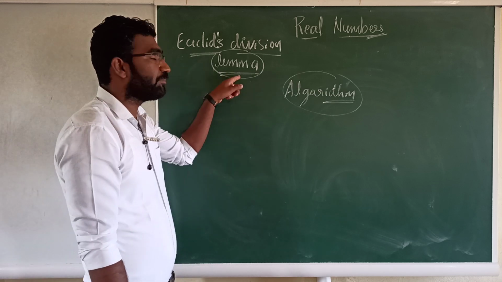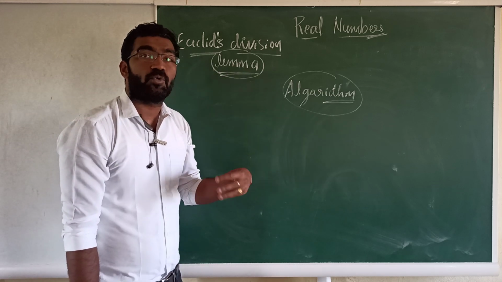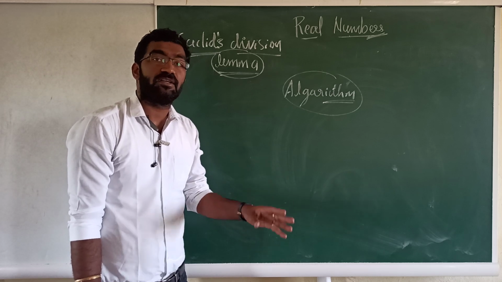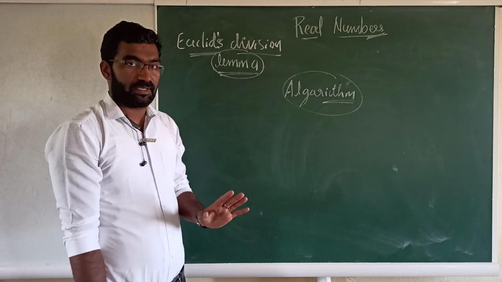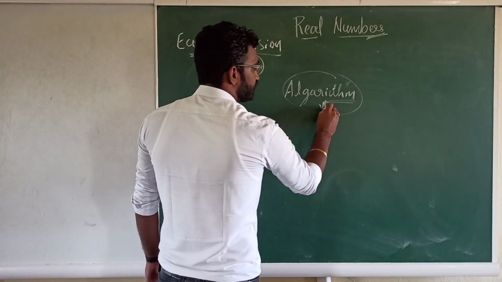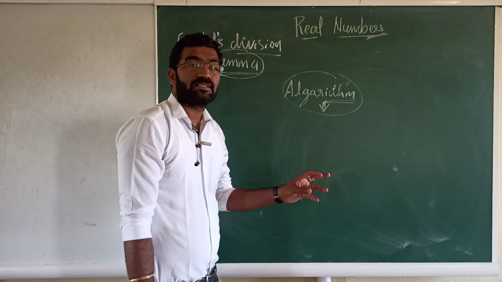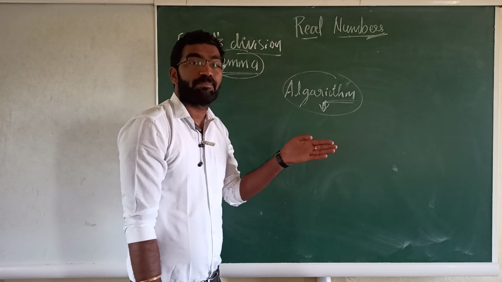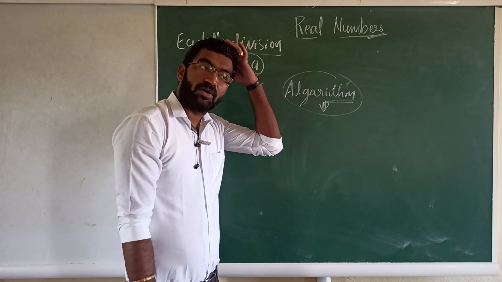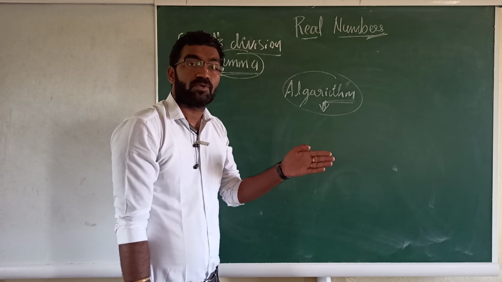Lemma means a proved statement which is going to be used to prove another statement. Simple. And algorithm means a systematic representation of some example, step by step. For example, when you solve a quadratic equation, you follow some steps.